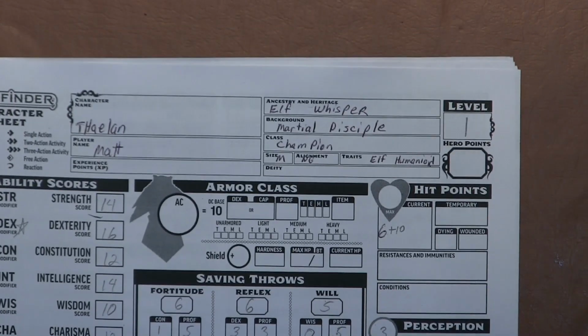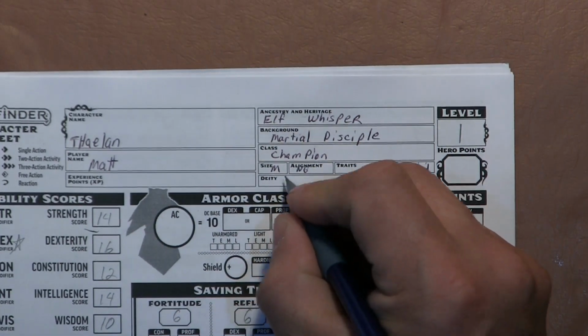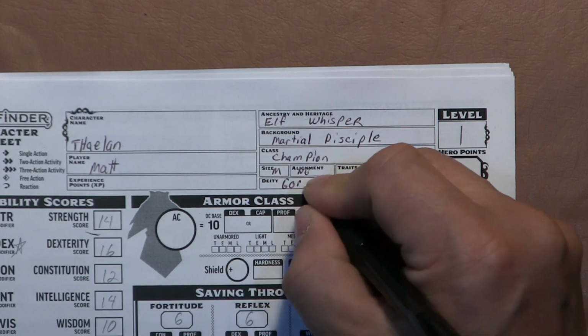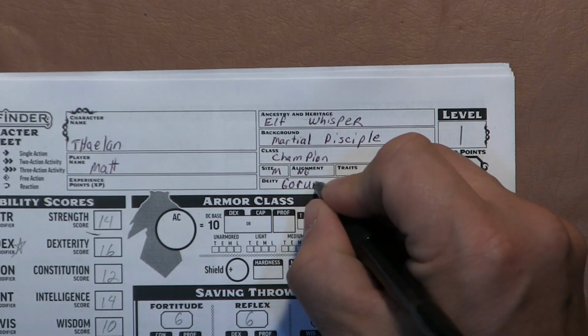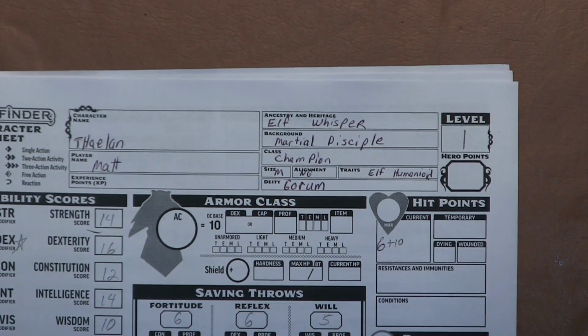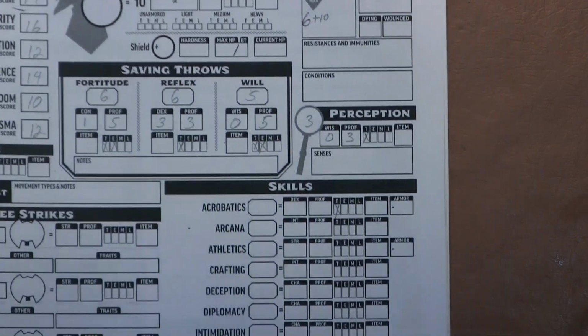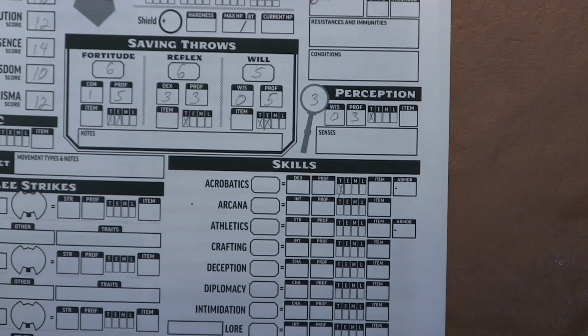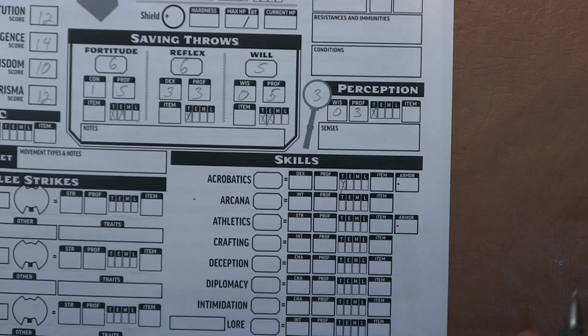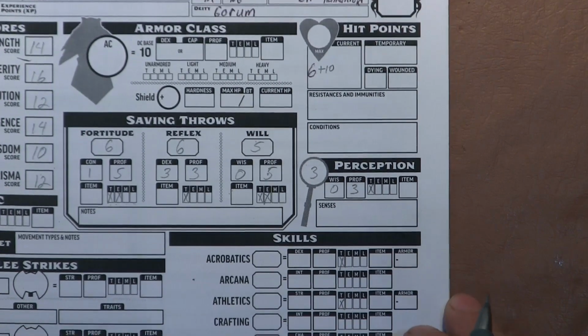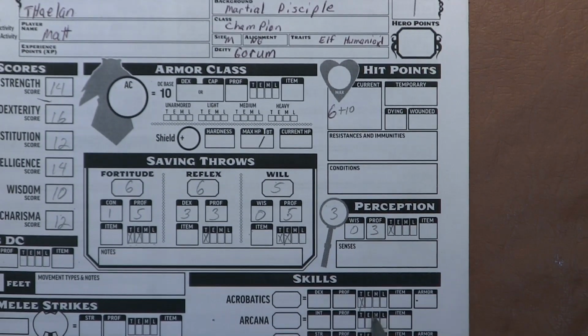My deity is going to be Gorham, at least for now. This character is actually going to be played in a different game world, so the deity may change by the next time we do our character leveling up. So Gorham gives athletics.